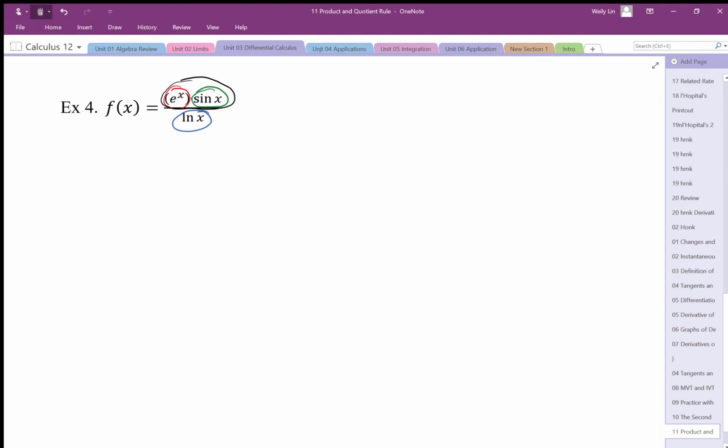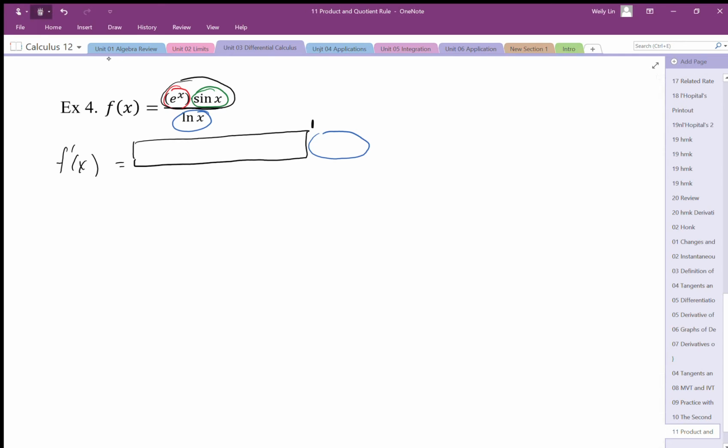Okay, so my derivative function is going to look like this. I'm going to differentiate here, and maybe I'm going to put it in a black box. This is going to represent the derivative of the numerator, and then I'm going to multiply it by the denominator.